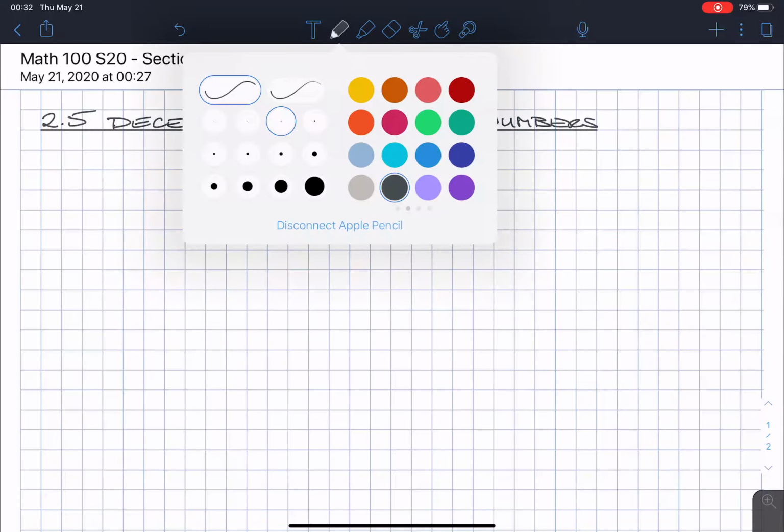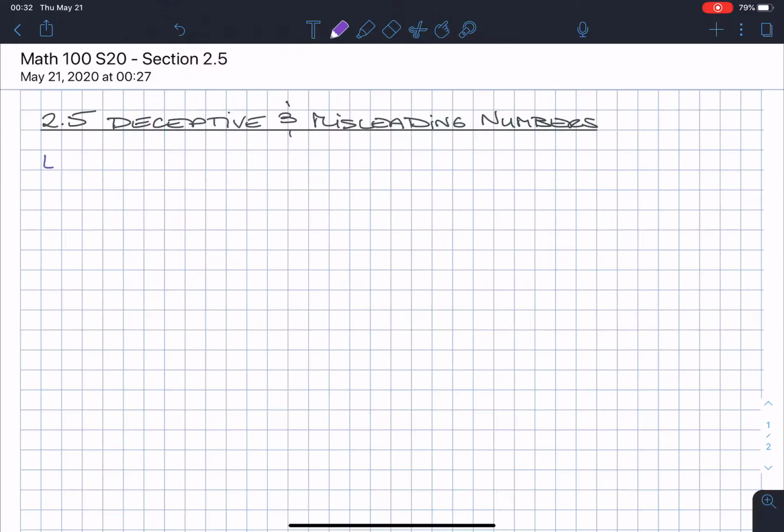First we're going to address ever-changing reference numbers.